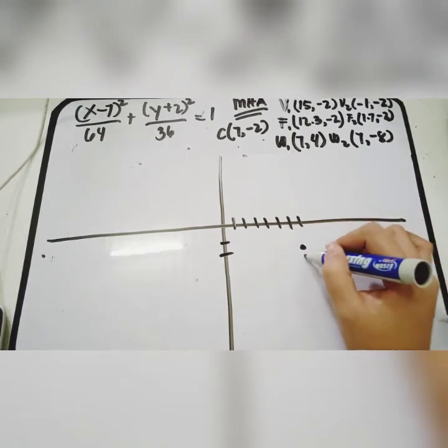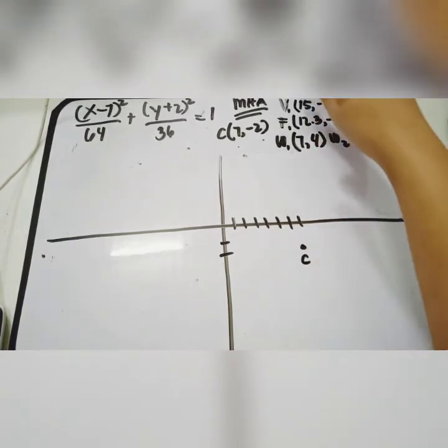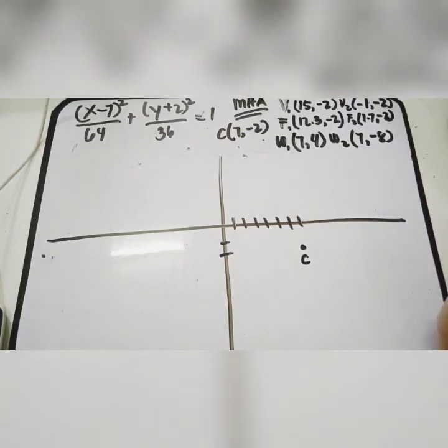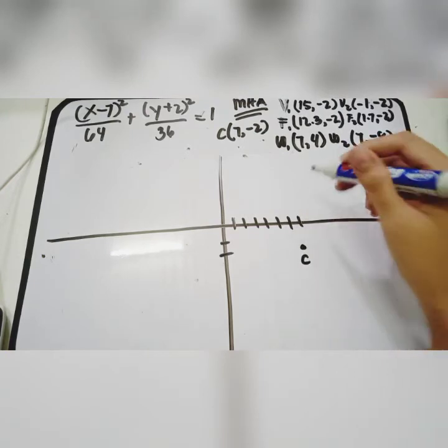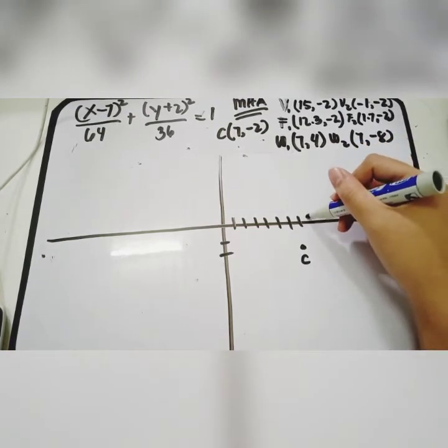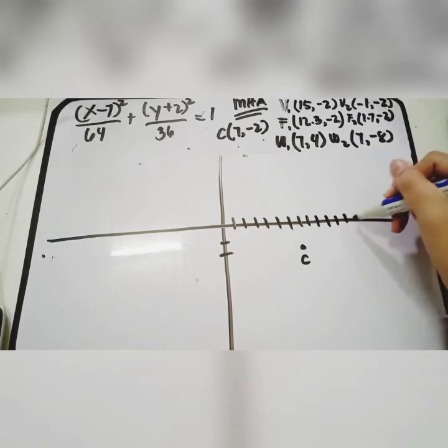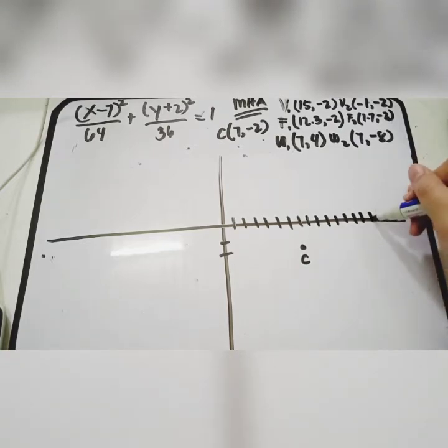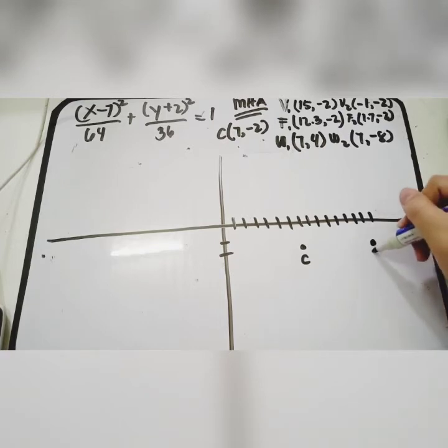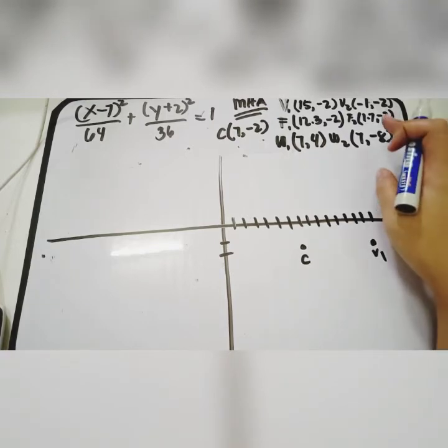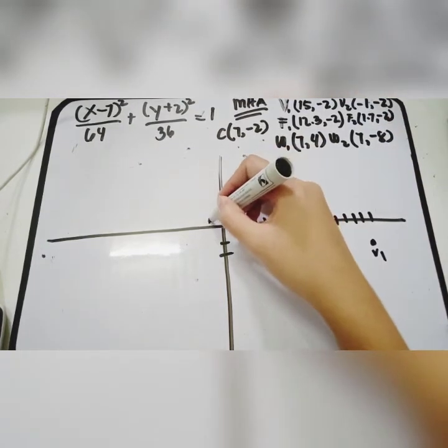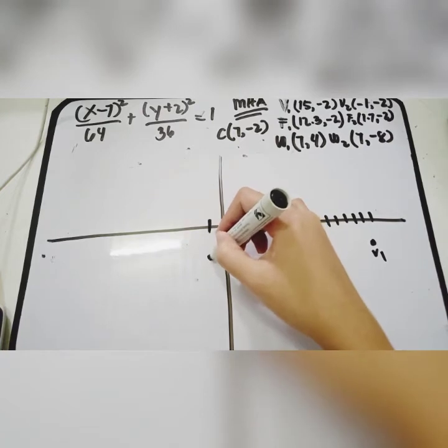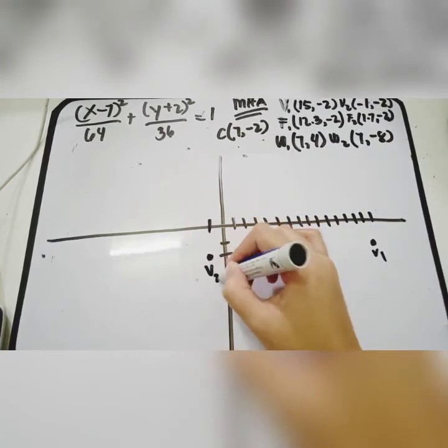Okay, this is your center. Next is the vertices. So, vertex 1 is 15, comma, negative 2. So this is 7. So, 8, 9, 10, 11, 12, 13, 14, 15. So, here, and then negative 2. This is your vertex 1. For your vertex 2, it's negative 1, comma, negative 2. So, negative 1 dito siya. Then negative 2. So, it will be here. So, this is your vertex 2.